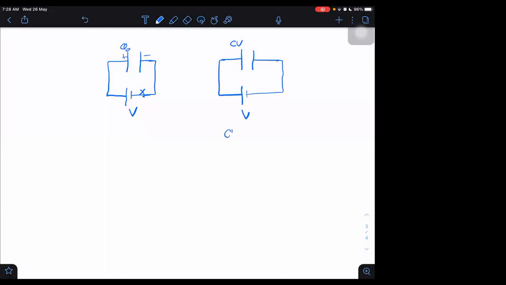Charge supplied by the battery just after closing the switch will be final charge minus initial charge. What will be the potential energy? Initial potential energy is half of Q naught square by C.